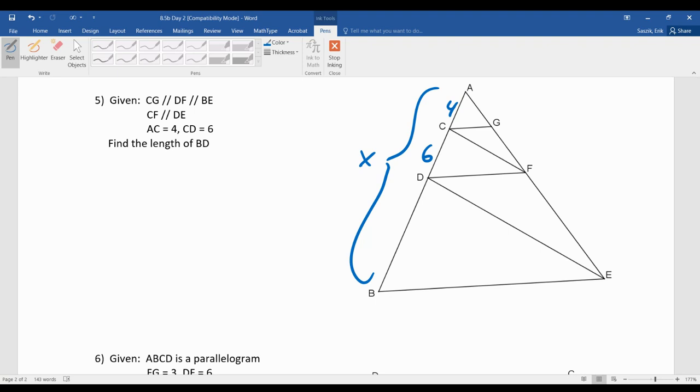Now you got, because of these parallel lines, you got similar triangles. Now watch this. I gotta do a little highlighting here. Okay, so let's see if I can get a highlighter going. We'll try to go with yellow.